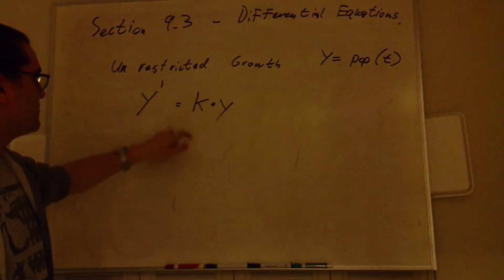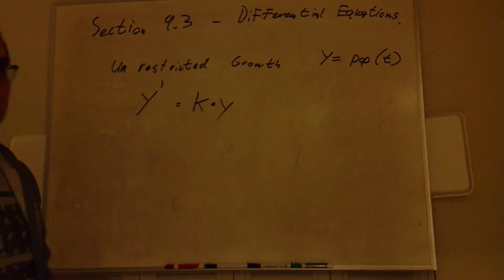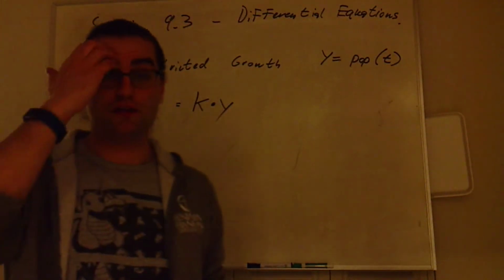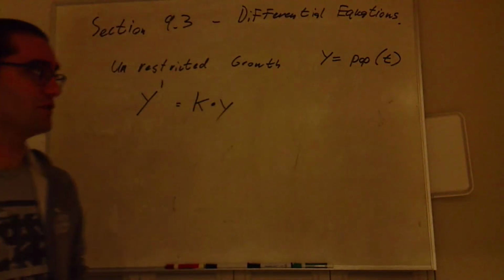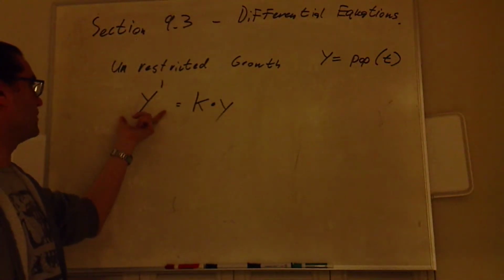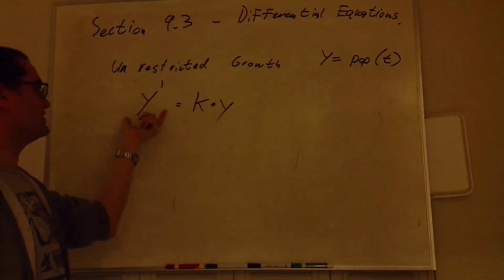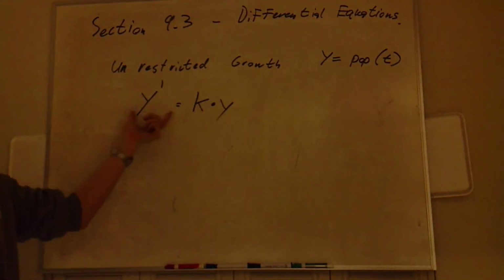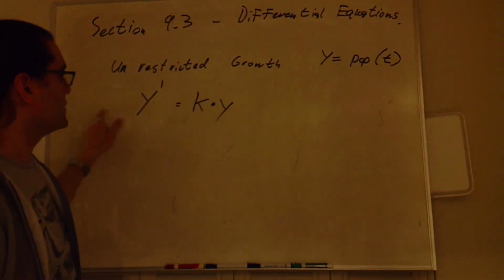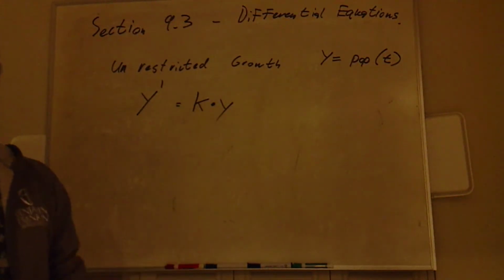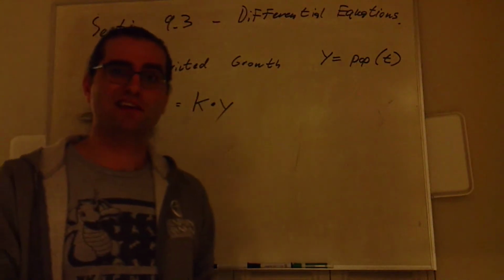This same model can be used to look at your bank account. If you have a savings account that's earning interest, the amount of increase you get in your bank account is proportional to how much is there. This can also be used to model radioactive decay.